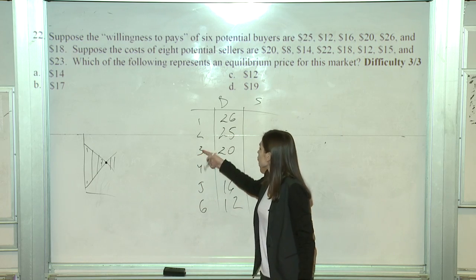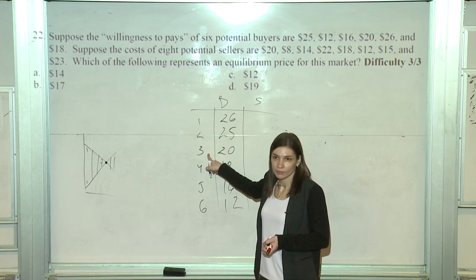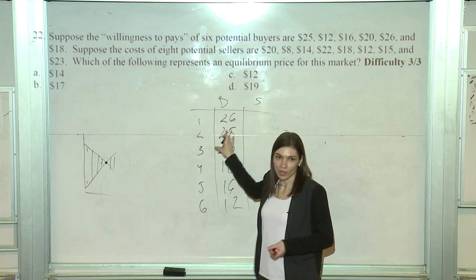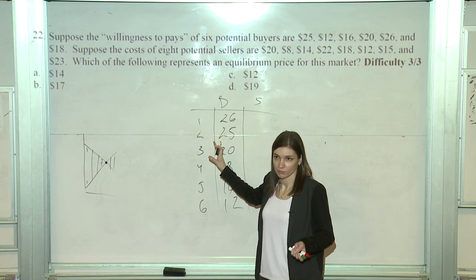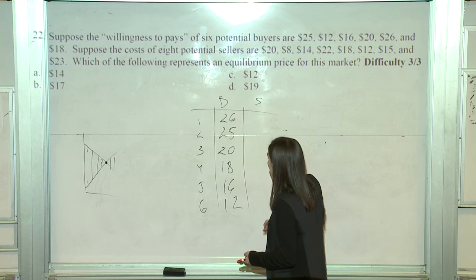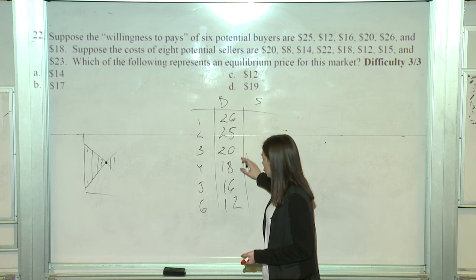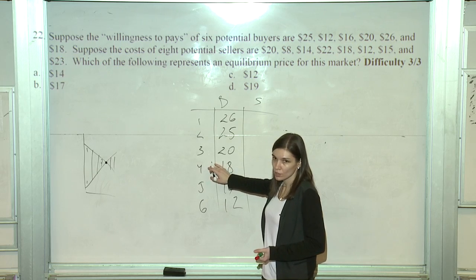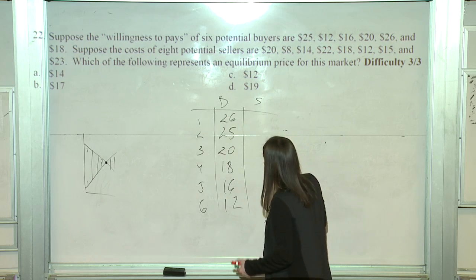So if 3 units are sold, let's say, at a price of 20, there's going to be 3 people willing to buy the goods, right? That guy and the 2 guys with higher willingness to pay. And then you go down and the willingness to pay goes down. So at 18, 4 units would be sold, and so on and so forth.